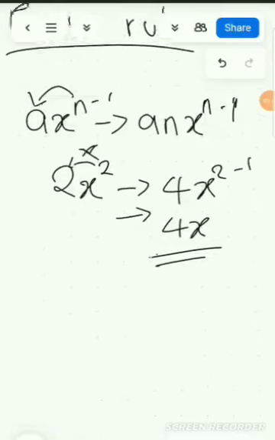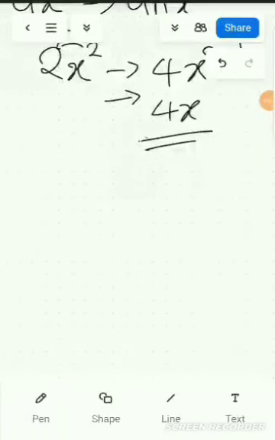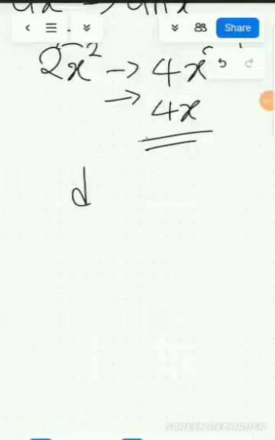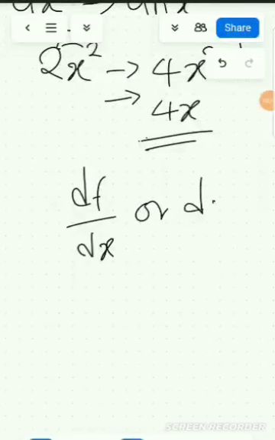Now, in discussing differentiation in calculus, we have some simple terms. So we've got terms like d, maybe f over dx. What does this mean? Or dy over dx.